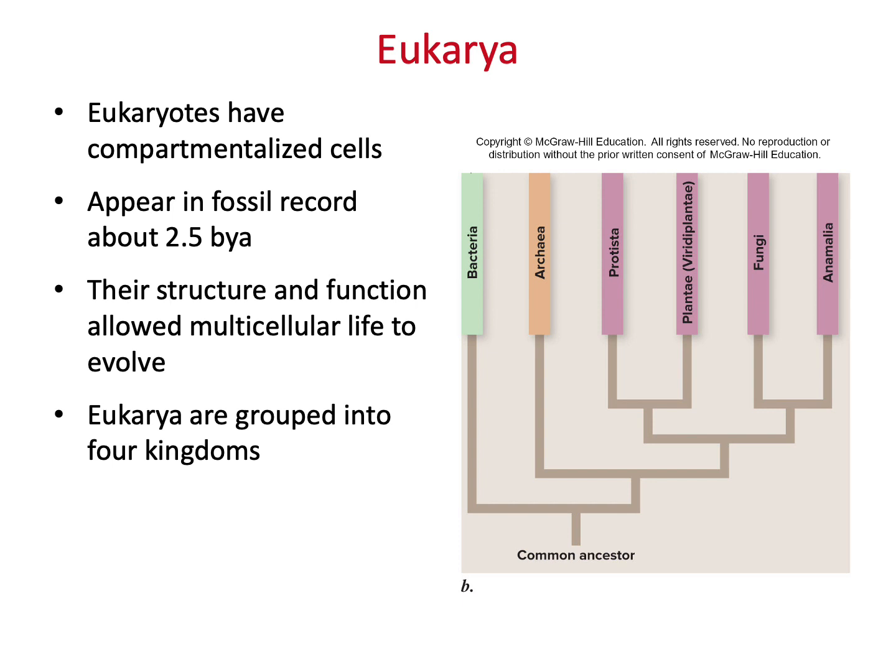The root of the eukaryotic tree is still inconclusive. Nonetheless, Eukarya are grouped into 4 kingdoms, and you can see in this phylogenetic tree that these Eukarya are grouped into 4 kingdoms of Protista, Plantae, Fungi, and Animalia.